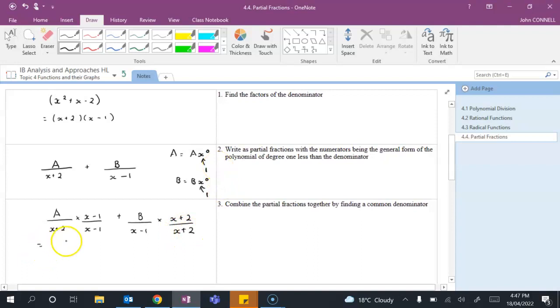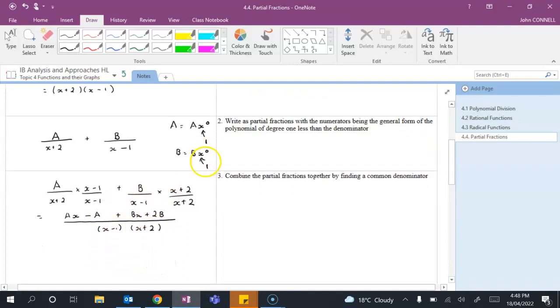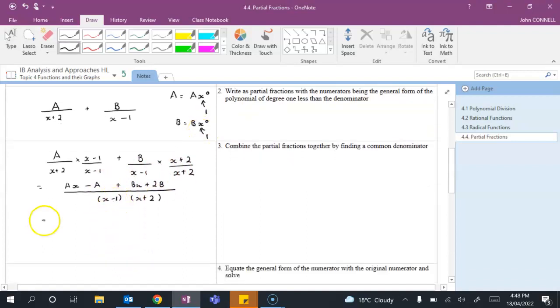So I'm looking to combine: it's a times x, so it's ax take a, and the second one's going to be bx plus 2b, all over the multiplication of x take 1, x plus 2. If I work that through, that's going to be ax plus bx take a plus 2b all over x squared plus x take 2.